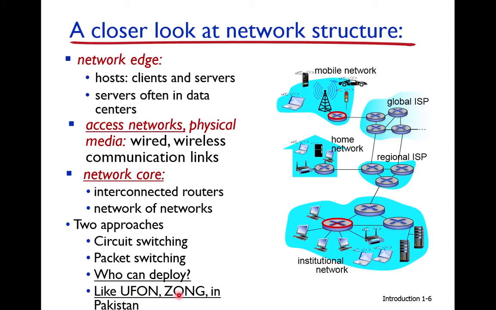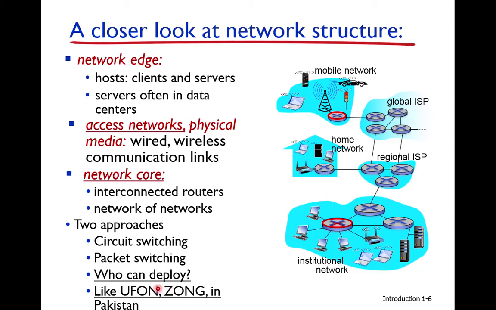Similarly, Zong also provides it. There may be some regions where Ufone and Zong are both providing the mobile connectivity, the cellular networking. So how are the users connected with each other? For example, if someone wants to call from Ufone to a user on Zong, the Ufone and Zong networks must be connected with each other.